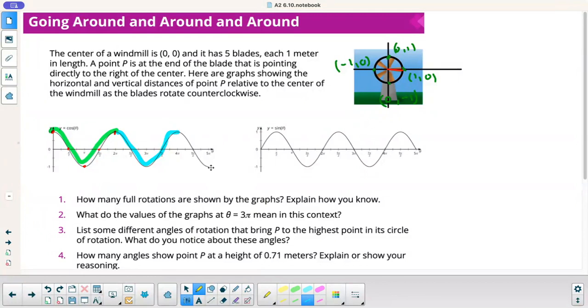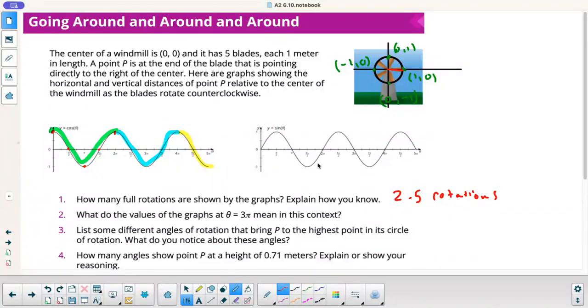And then we end at -1, so it ends right here. So it's almost like it's 2.5 full rotations. So I'm going to say 2.5 rotations.